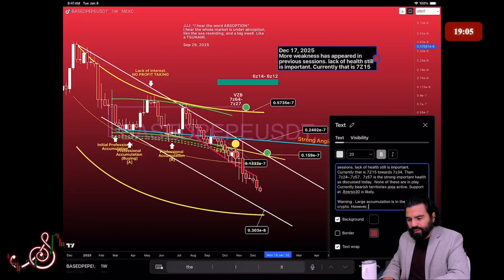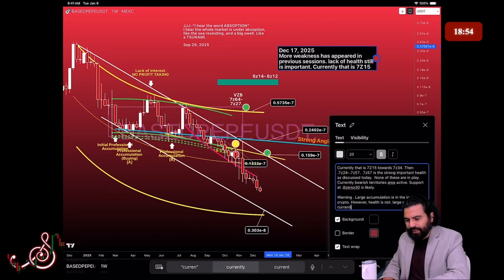However, health is not. Large players are currently in negative positions, and this is on high time frames.